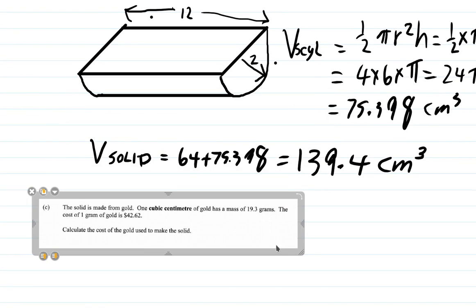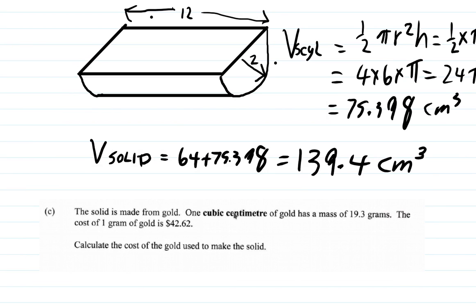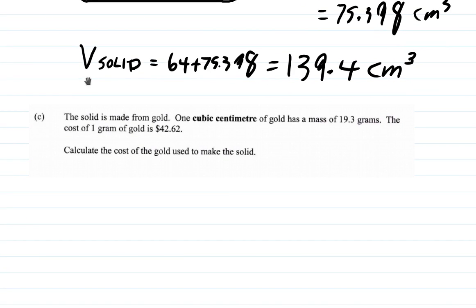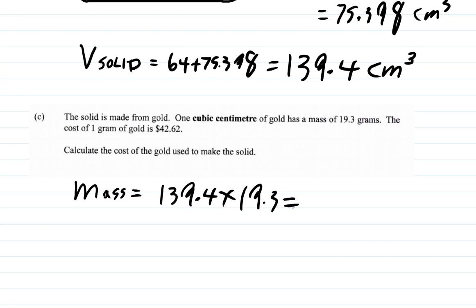Now, here, it says the solid is made of gold. 1 cubic centimeter has a mass of 19.3 grams. We want to find out how many grams this is. So, since 1 cubic centimeter is 19.3 grams and we have 139 cubic centimeters, then what we say is the mass equals 139.4 multiplied by 19.3.